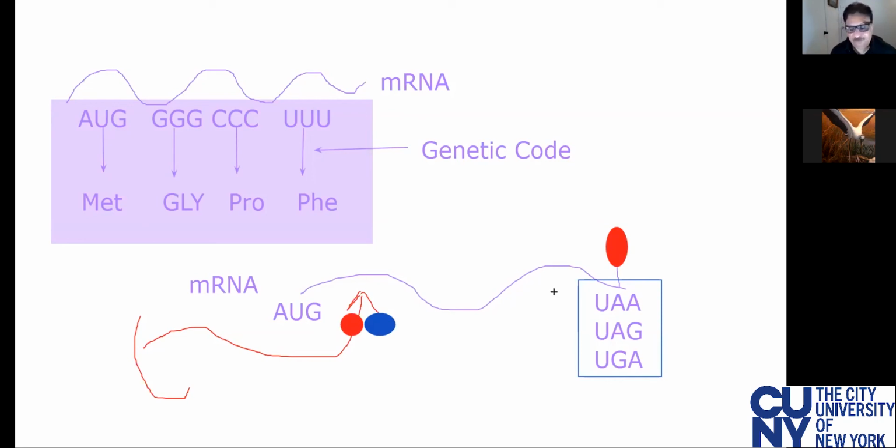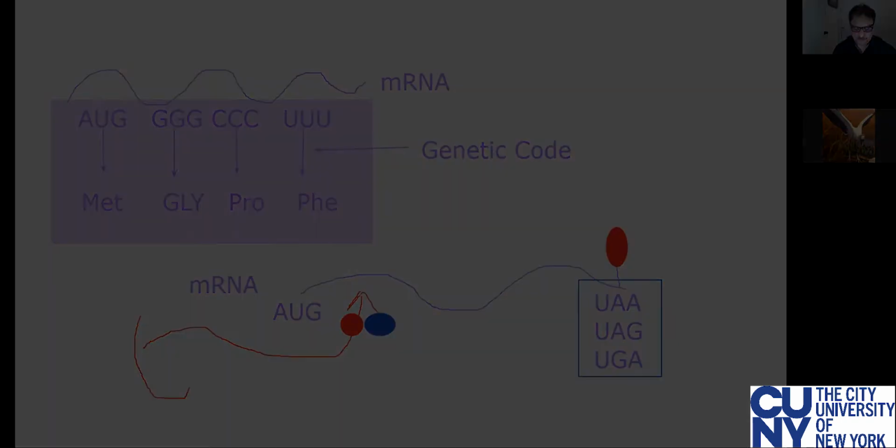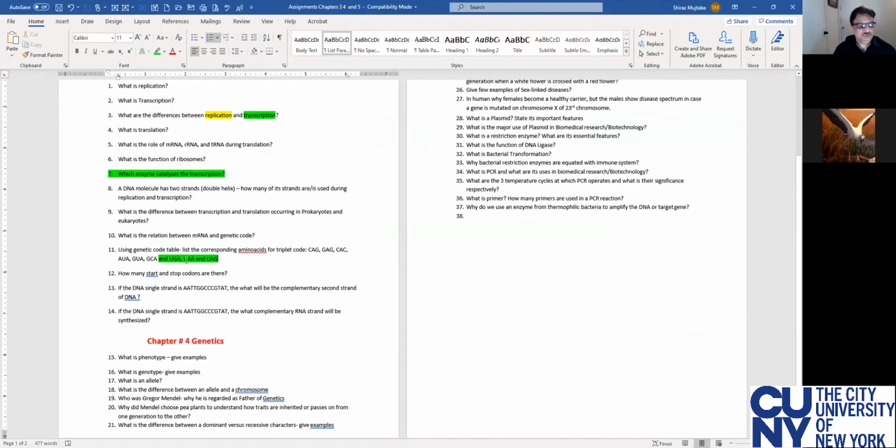Just like when we are driving in a block, we see a red light and we have to stop there. If we don't, then we have to pay the penalty or something else could happen. So it has to stop. This red traffic light, or stop codons, are three: UAA, UAG, and UGA. So remember, there are three stop codons. How many start and how many stop codons are there?